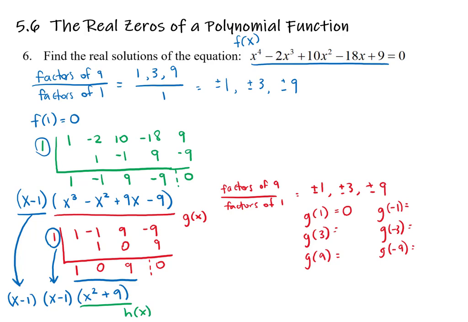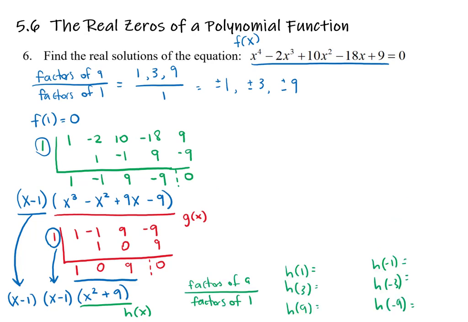So now we want to go on to find the factors of h of x. Because we have the same leading coefficient and the same constant, we still are looking for factors of 9 over 1. We're going to plug in the same values, so I didn't bother making my list again. But we're plugging them into my reduced polynomial, my h function.